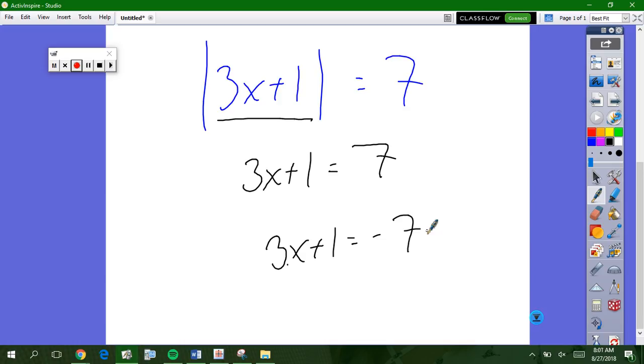And now you're looking for the x value that creates that distance of 7. Subtract the 1. So therefore, one value is 2.